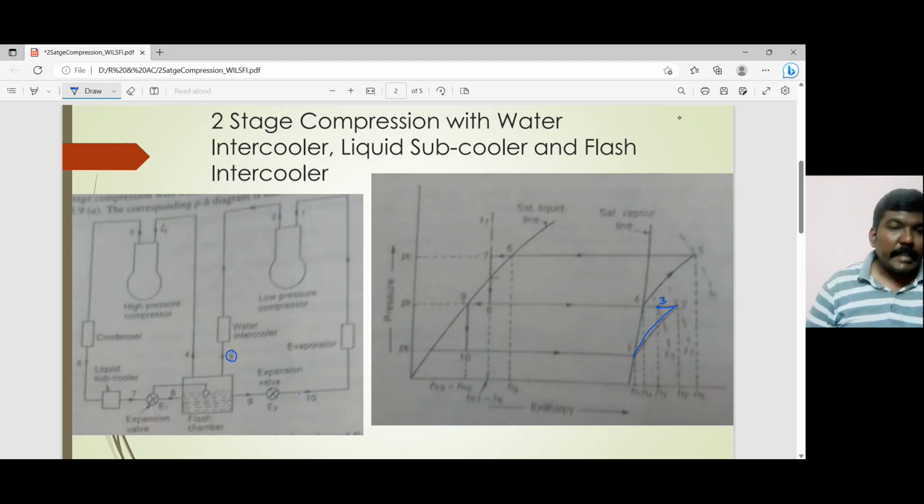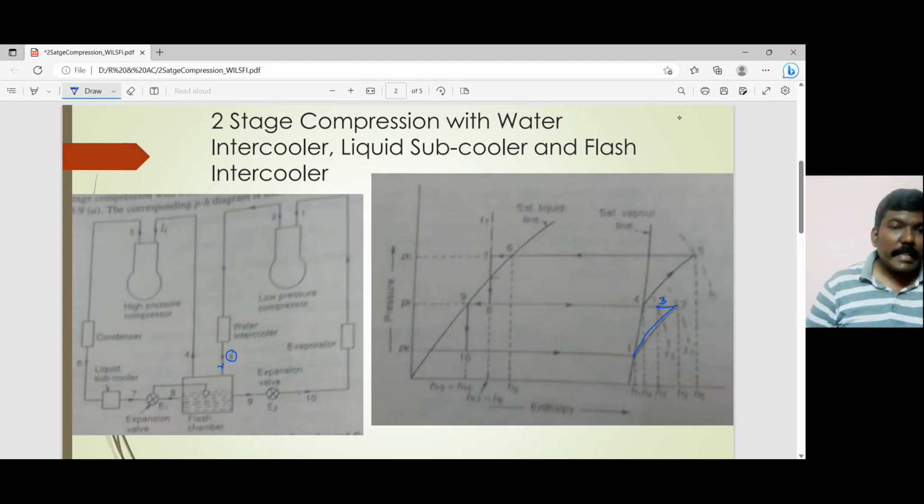Okay, and then it enters into the flash intercooler over here. When it enters into the flash intercooler, it is further desuperheated, and there it attains the saturated state. The vapor leaves to the high pressure compressor from the flash chamber.